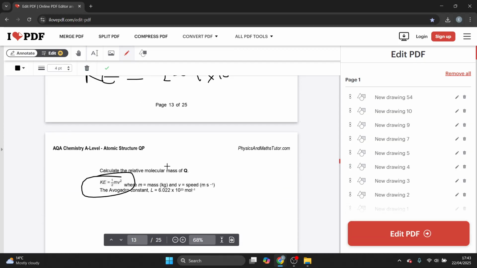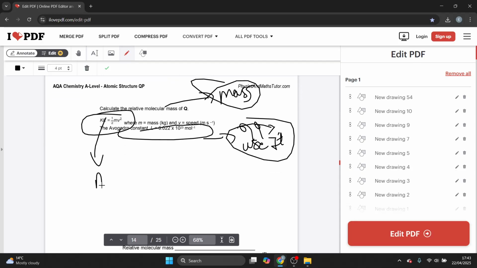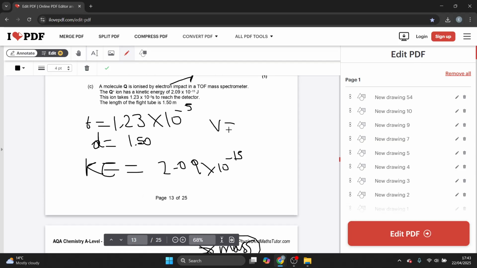Calculate relative molecular mass of Q. In order to calculate relative molecular mass, I have to first find out the mass. And again, it's giving me the Avogadro's constant, so 99% chance I'm going to use it. Is that true or not? That is true. So I'm going to rearrange the equation. So m equals 2KE over v squared, and velocity is distance over time.